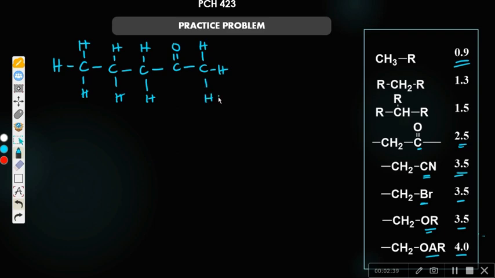Now you have this compound here. Let us predict the different chemical environments here.